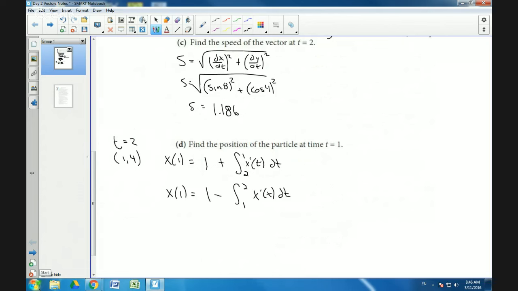This is X of 1. So if you throw that in your calculator, remember this is sine t cubed, you come up with 0.78. That's your x coordinate at time 1.